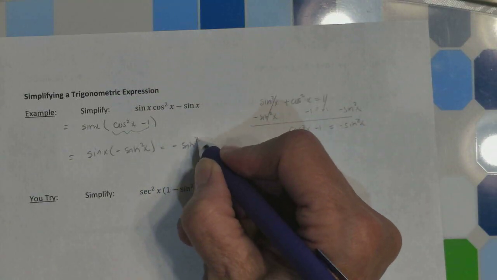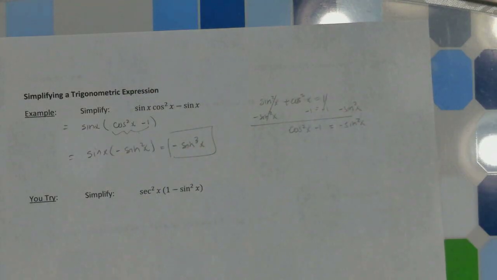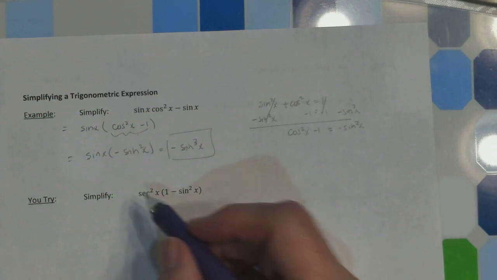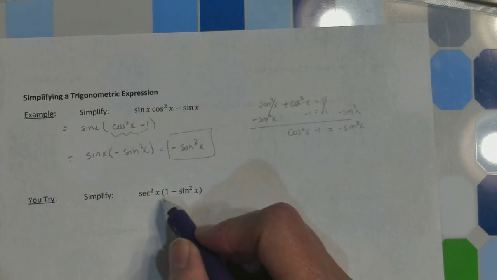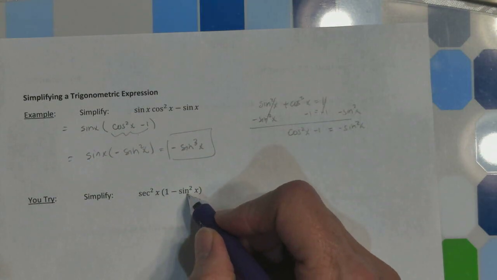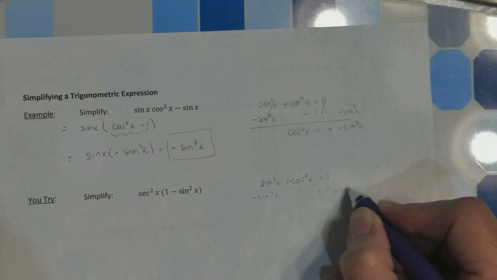On this side then, I have cosine squared x minus 1, and that is equal to negative sine squared x. So this can be replaced with negative sine squared x. Well, that is going to give me a negative sine to the third x, and that one is done.